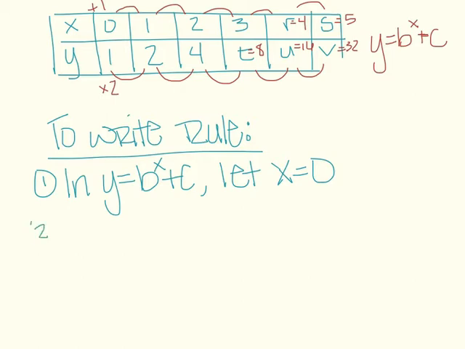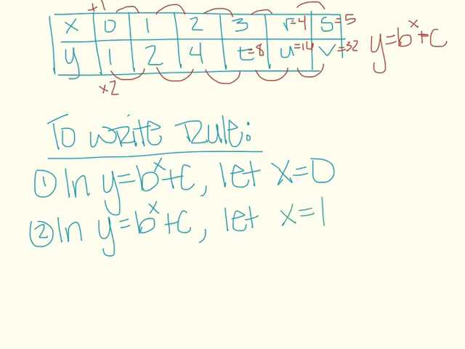Second step, in that same equation, y equals b to the x plus c, let x equal 1. And the third step, we're going to plug in values for b and c.